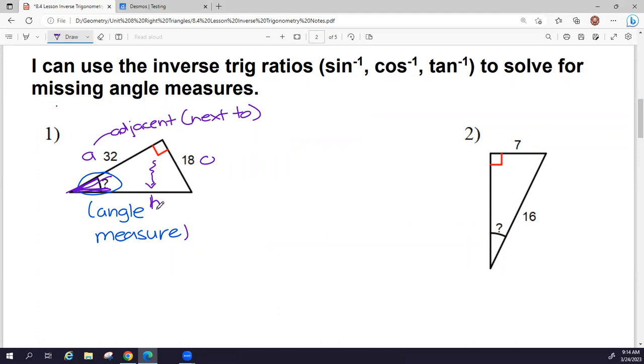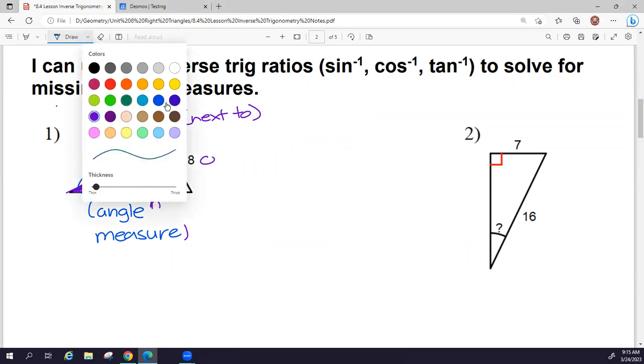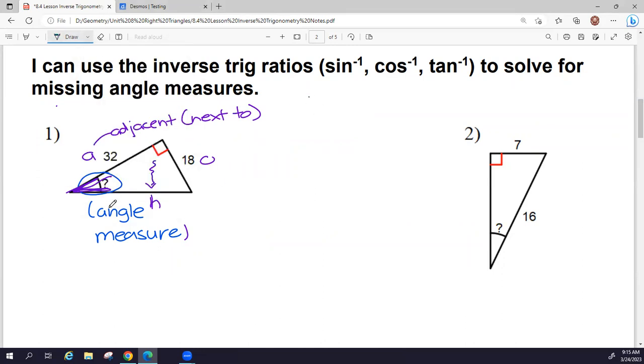And so we can set this up the same way we did last lesson when we were trying to find a missing side length. We have O and A. Let's remind ourselves that sine is opposite over hypotenuse, cosine is adjacent over hypotenuse, and tangent is opposite over adjacent. So we know in this triangle how long the opposite side is.